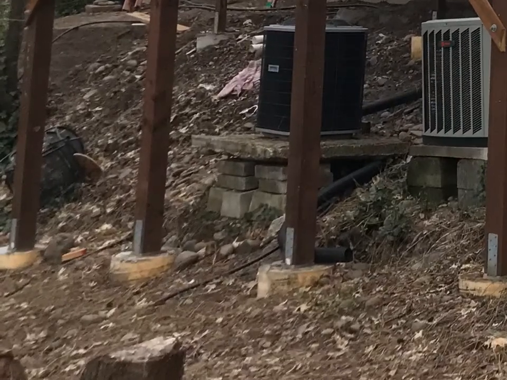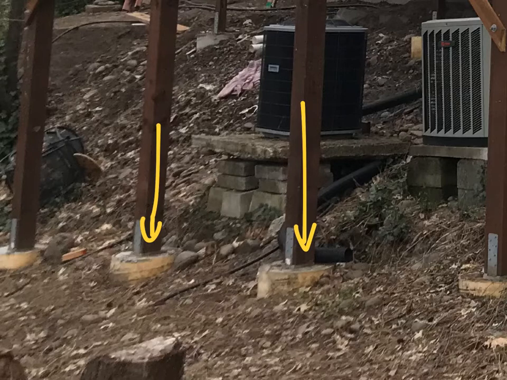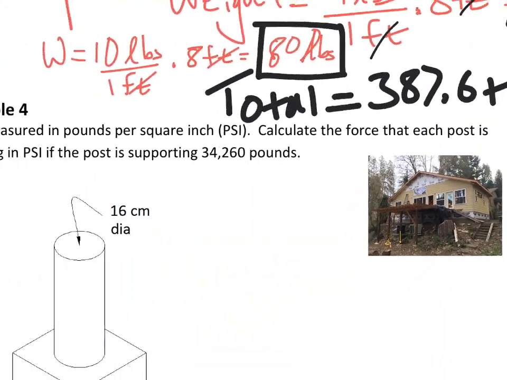All right, so we've got some cement in the ground. There's pressure coming down, the weight of this on all of these, and the cement will kind of redistribute that. Okay, and so it can take a certain amount of pressure. So that's what this problem is all about.